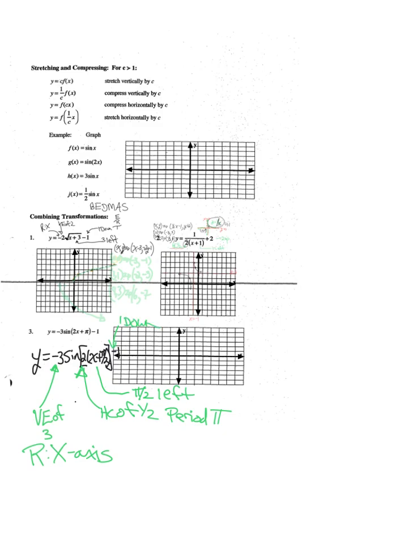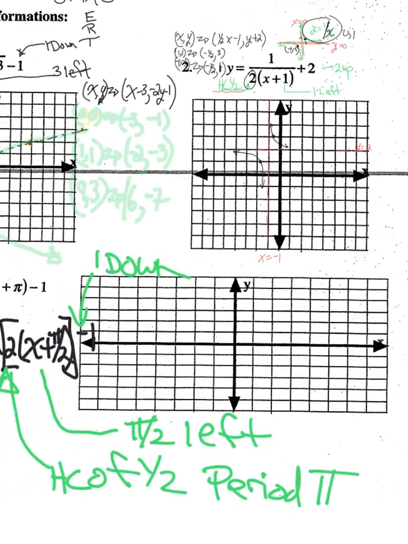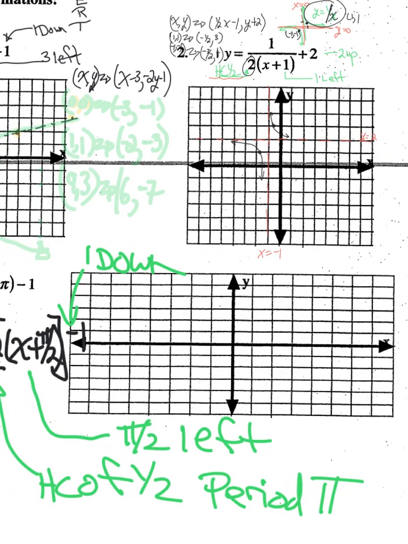Okay, so let me try to zoom this in for you, and we'll try to do that graph. First of all, let's realize that we have an amplitude of 3. So my amplitude is equal to 3, and my displacement is -1.